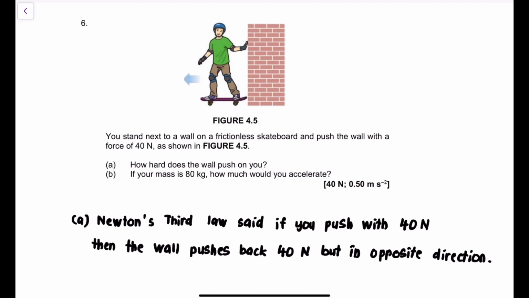Next, question number 6. You stand next to a wall on a frictionless skateboard and push the wall with a force of 40 Newton as shown in figure 4.5. Okay, basically this refers to Newton's third law. When the boy stands next to a wall, this force we call the action force.